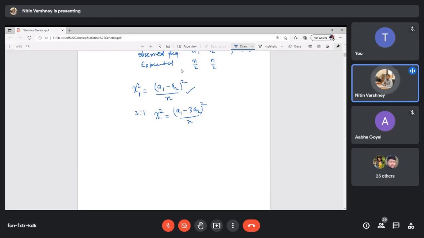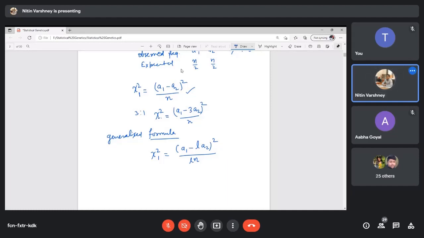The generalized formula will be chi-square with 1 degree of freedom, A1 minus L A2, whole square, divided by L N. Sorry, L N. So this will be the general formula.